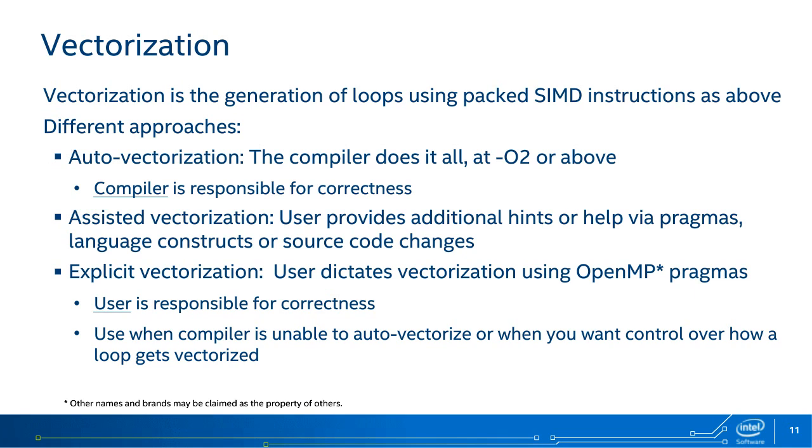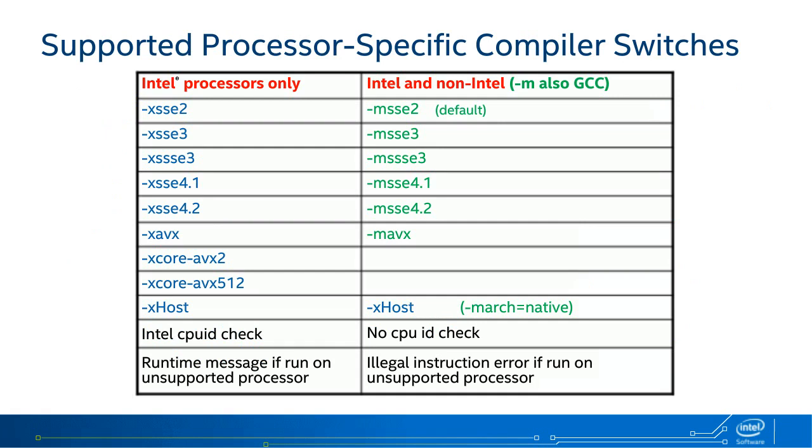Moreover, you need to support and maintain this code as well, which can be quite tricky. So we recommend to use a compiler to do this. You may prefer auto-vectorization, assisted vectorization, or explicit vectorization. And today we will talk more about auto-vectorization with the compiler options.